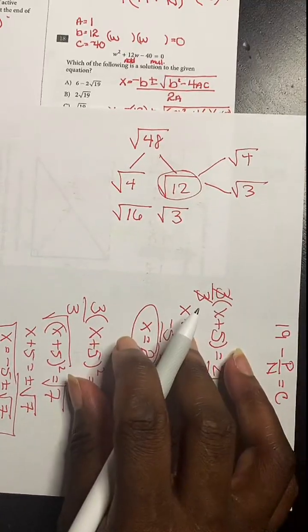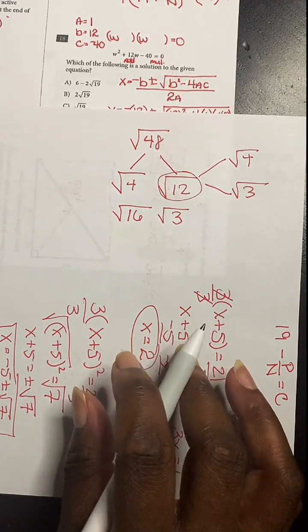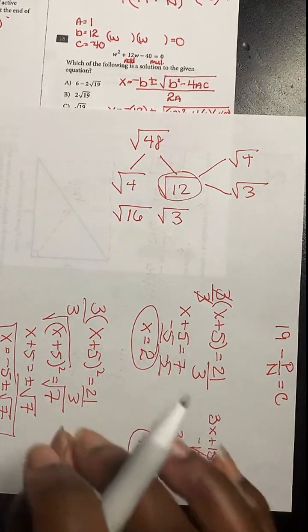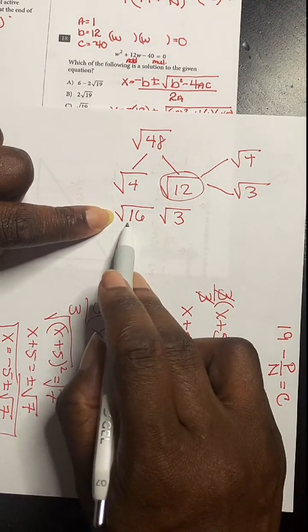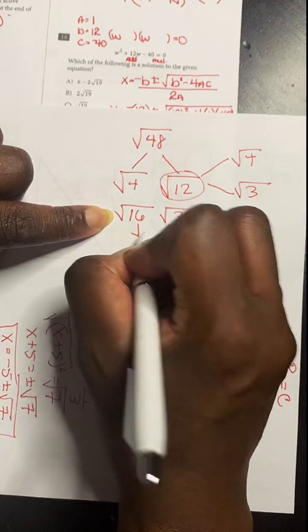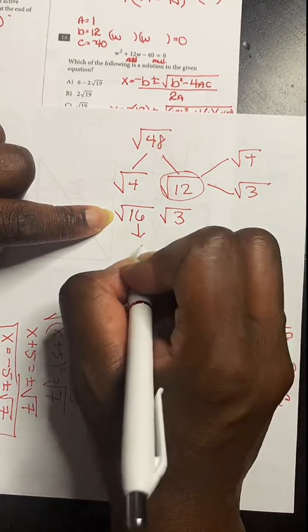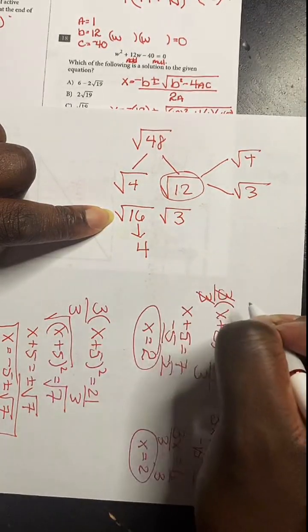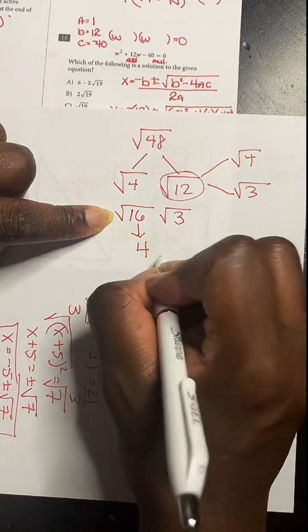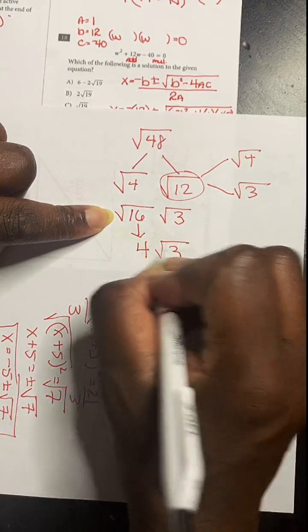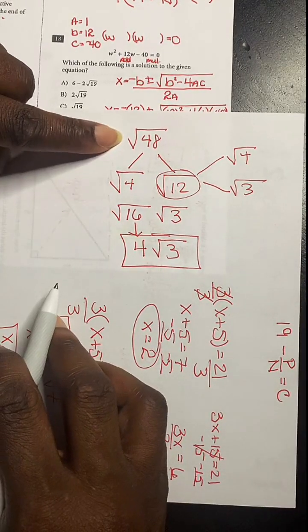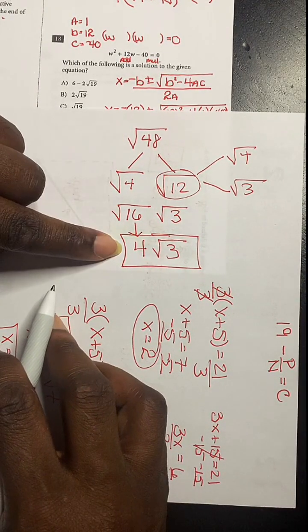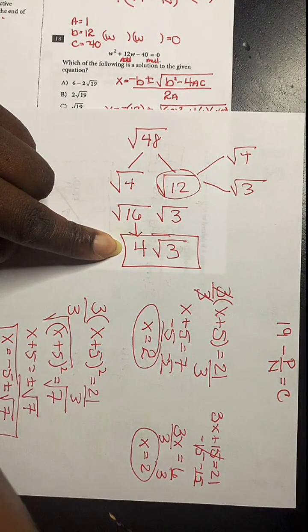That means I have to break down some more. I don't want to break down too much. I always want to get the perfect prime combination. So the square root of 16, a number multiplied by itself, is 4. The square root of 3 just comes down. So that's how I break down the square root of 48 to 4 radical 3.